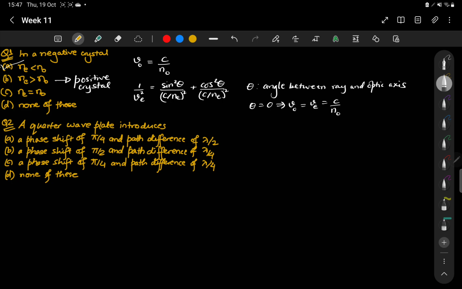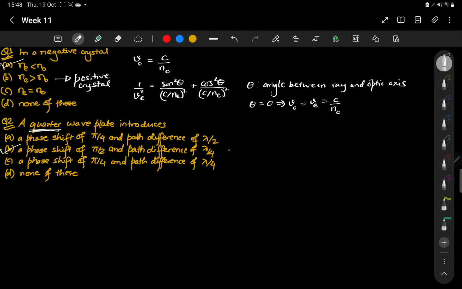Okay, let me discuss the answer now. So the correct option is option B. Let me change the color of my pen. Option B, a phase shift of pi by 2 and path difference of lambda by 4. So quarter, as the name suggests, it introduces a quarter wavelength path difference between the components.